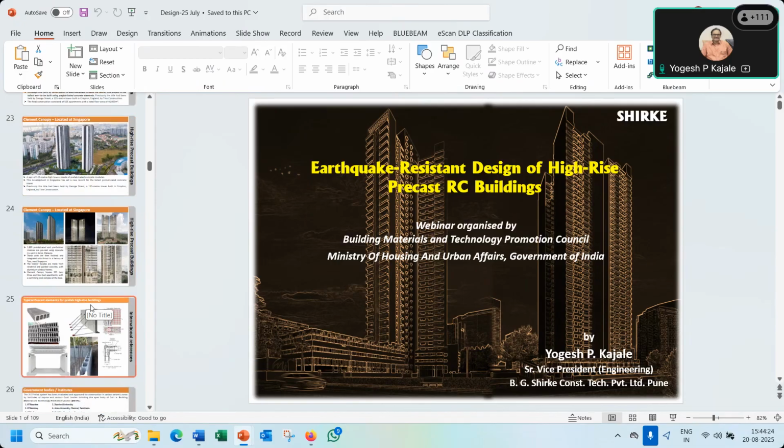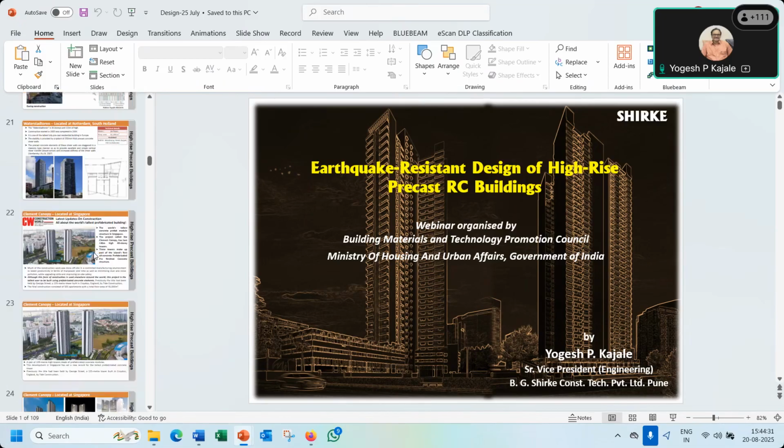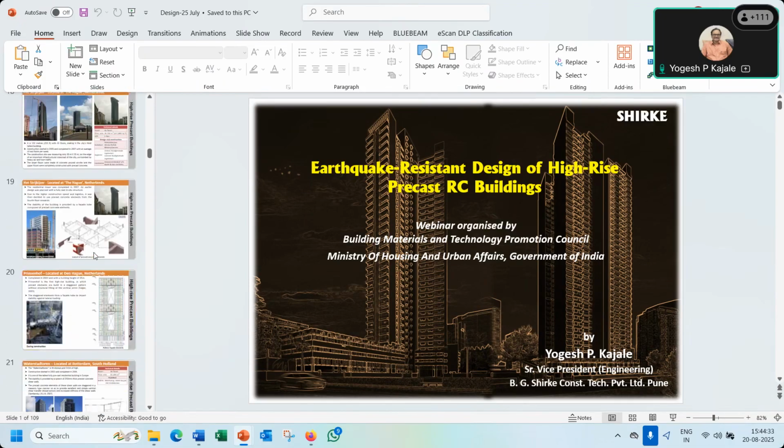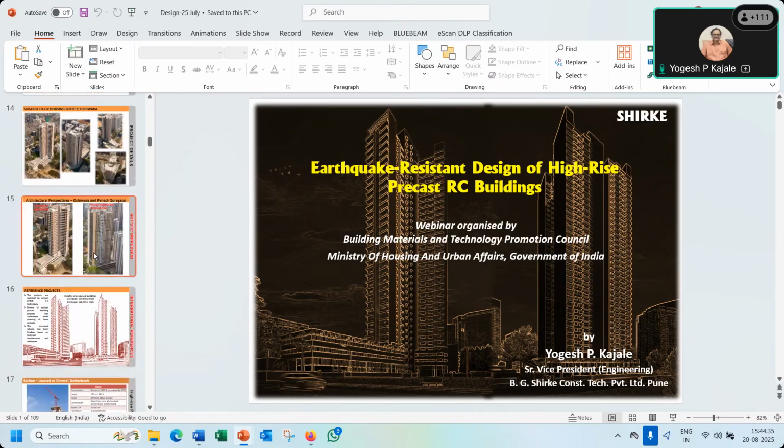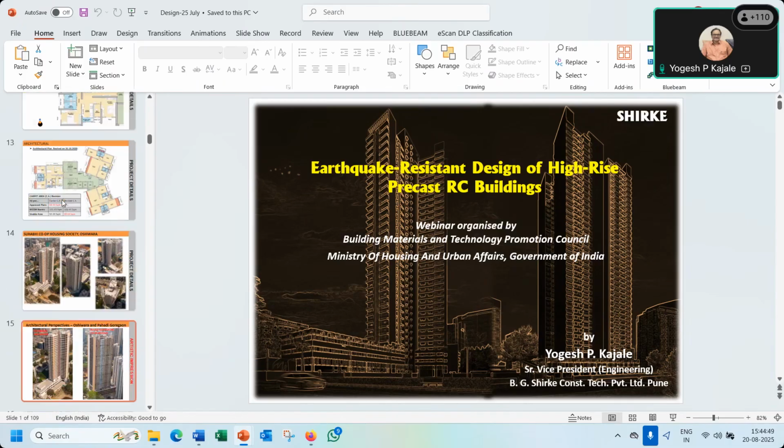Dry type connections have not proved very well in high seismic zones, and that is exactly what happened to the precast school buildings which collapsed during the Bhuj earthquake. Those connections were majorly dry type connections.